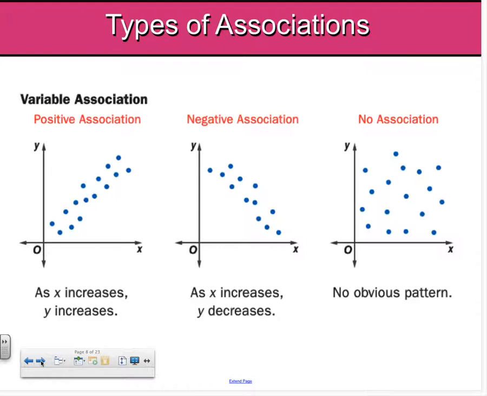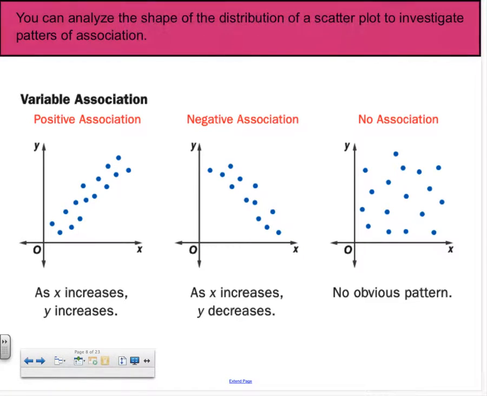Well, one of the things that we're going to do is look at the types of associations that may be there. So we can analyze the shape of the distribution of a scatter plot to investigate patterns of association. So if you notice here, when all the data points are grouped where there is an upward trend, we call that a positive association.